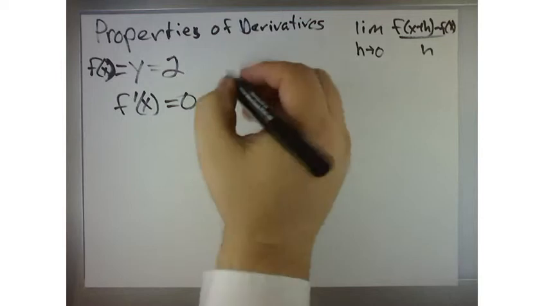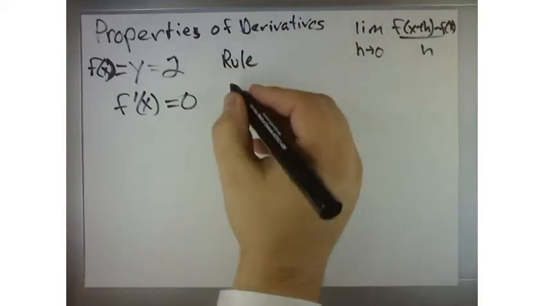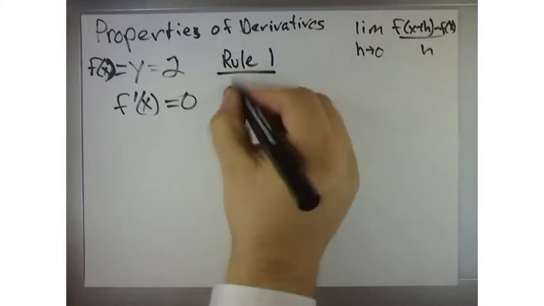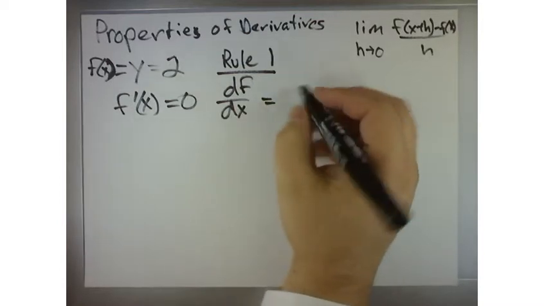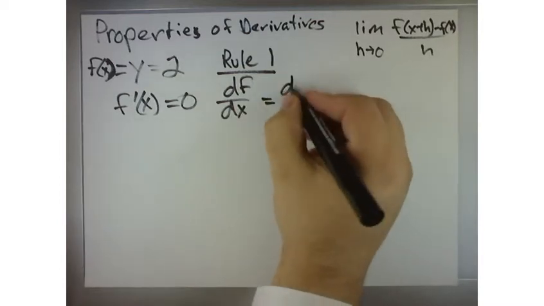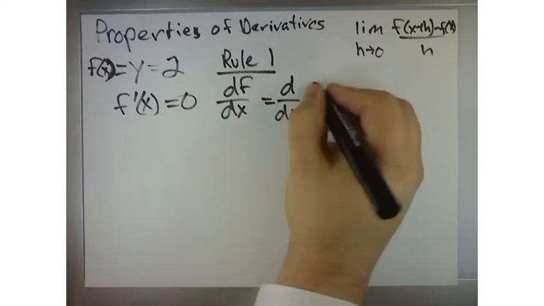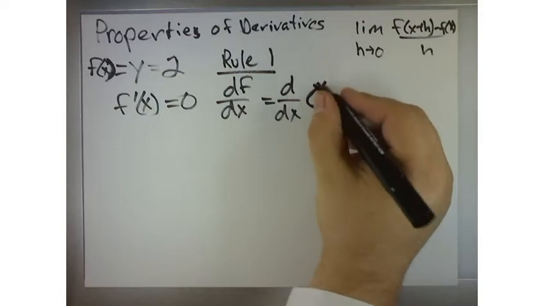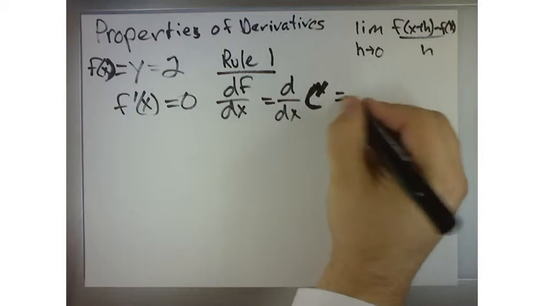So the rule is, and you're going to see a bunch of different notations, df dx of a constant, d dx of a constant equals 0.